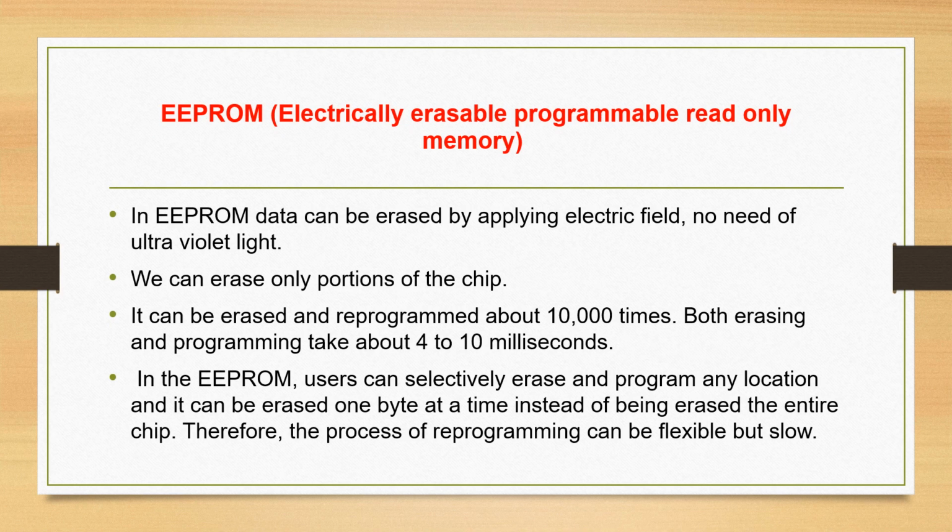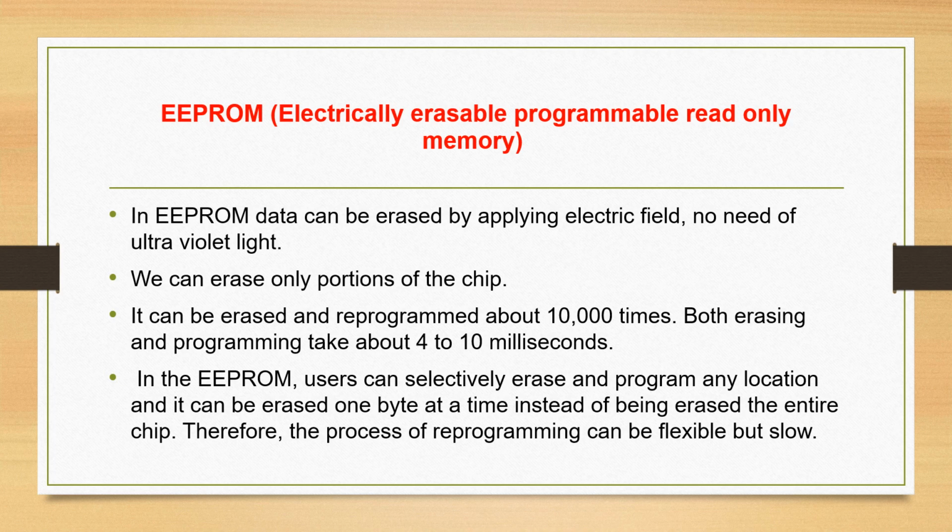The next type of read-only memory is electrically erasable programmable read-only memory. We already know what is programmable, and what is erasable and programmable. Here the name says electrically. In electrically erasable programmable read-only memory, data can be erased by applying an electric field.